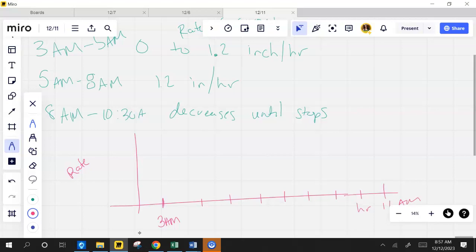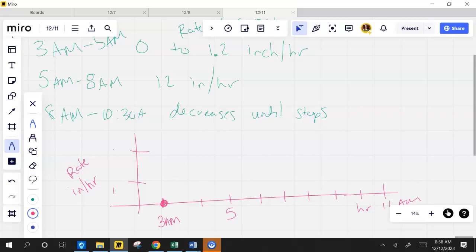All right, so from 3 a.m. until 5, it went from 0, and my rate's coming in inches per hour. At 5, it goes up to 1.2.